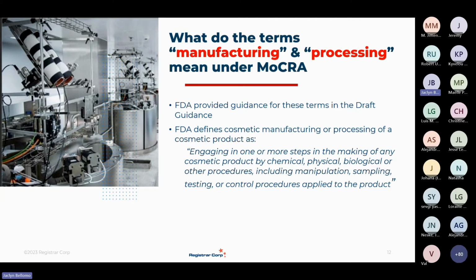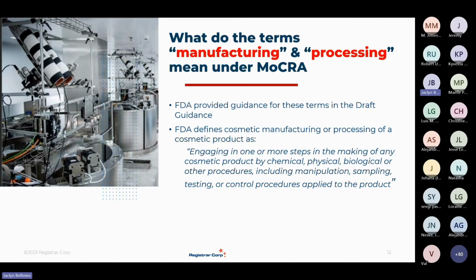And FDA currently defines cosmetic manufacturing and processing of a cosmetic product as engaging in one or more steps in the making of any cosmetic product by chemical, physical, biological, or other procedures, including manipulation, sampling, testing, or control procedures applied to the product.